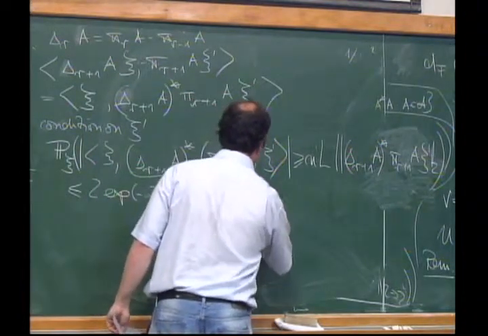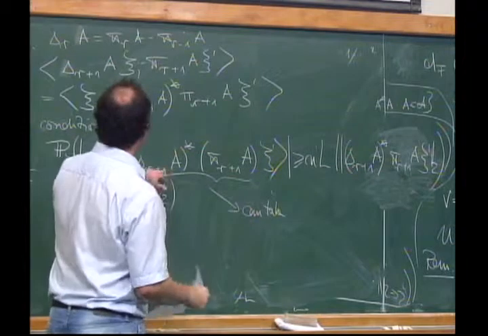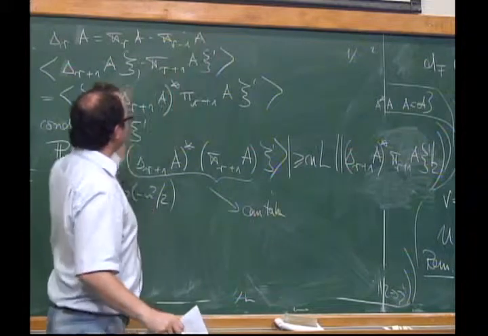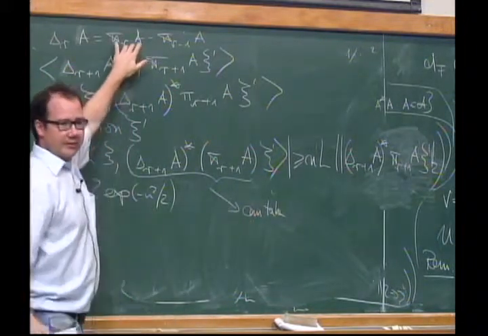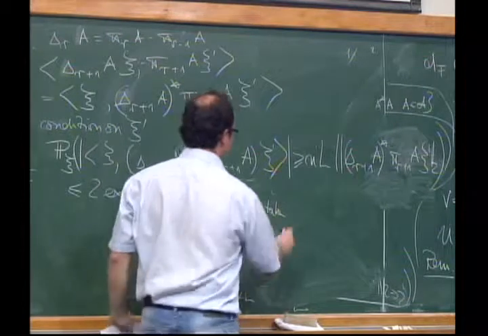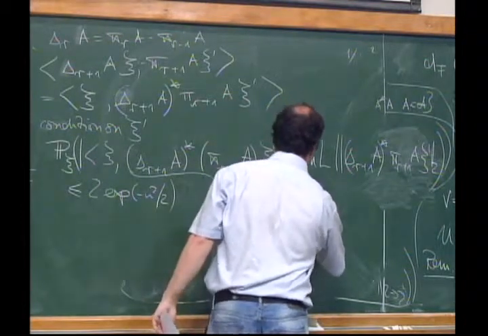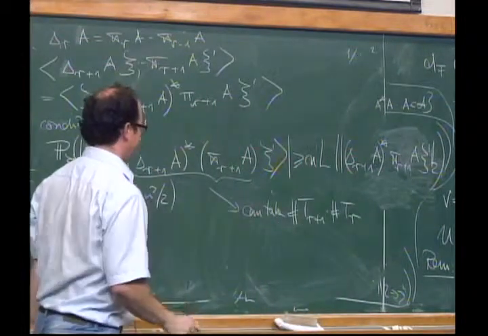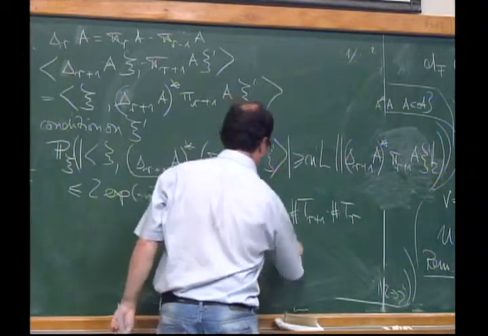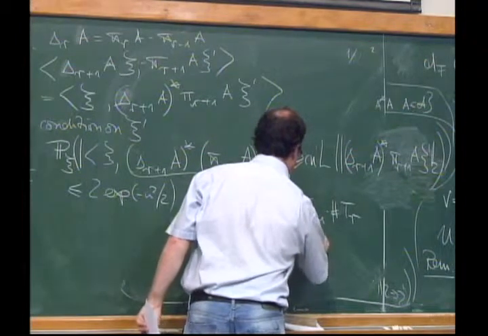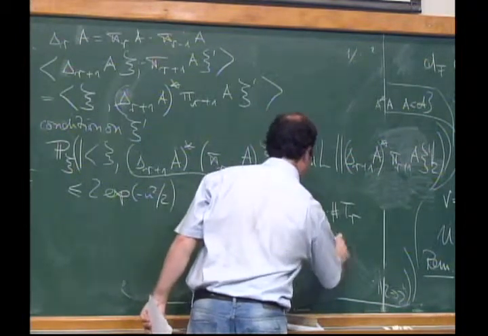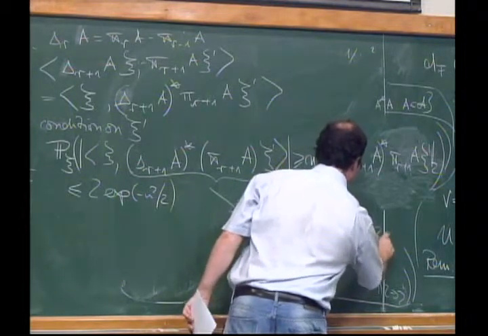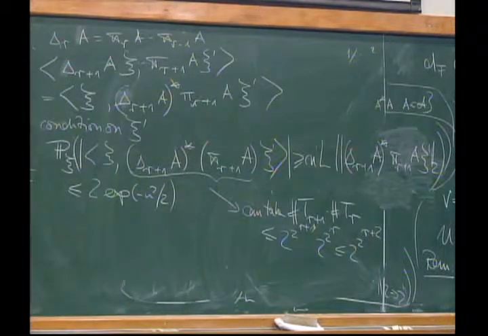So delta R plus 1 is pi R plus 1 minus pi R of A, so we can count how many values this can take, and this is bounded by 2 R plus 1 times 2 to the R, and you can bound this by 2 to the 2 to the R plus 2.